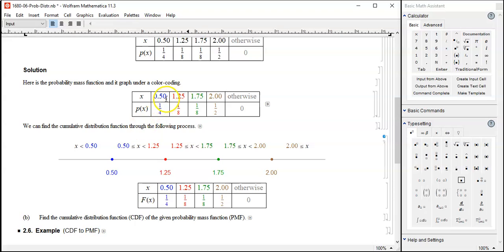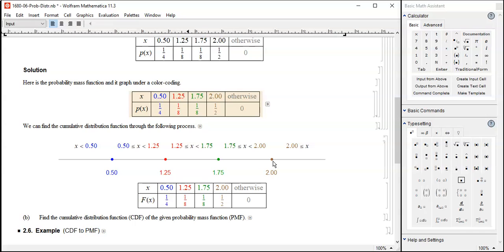Alright, we have four possible outcomes here. The x values are 0.5, 1.25, 1.75, and 2.0, and we have appropriate probabilities there. That's the mass function. Now the mass function is for equations or equalities. Capital X is equal to something. Those are points, and those points correspond to these four points: 0.5, 1.25, 1.75, and 2.0.